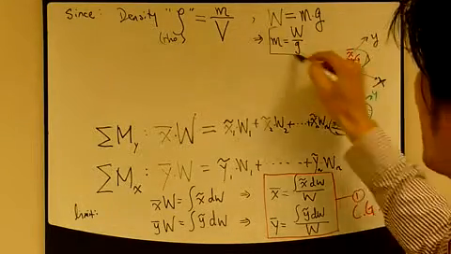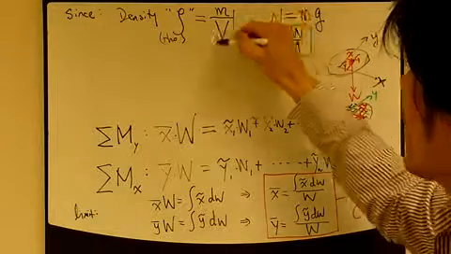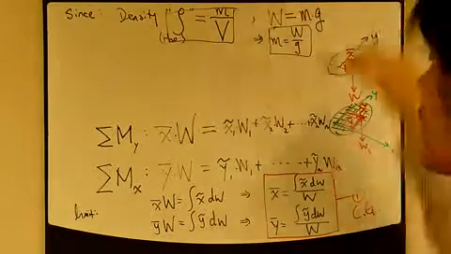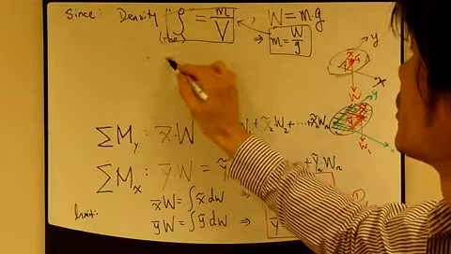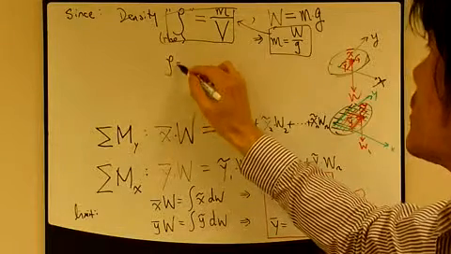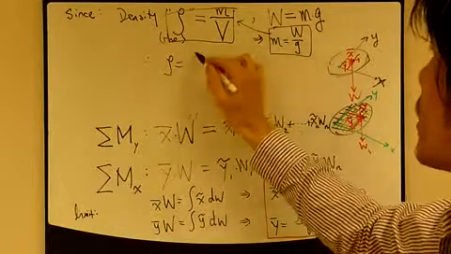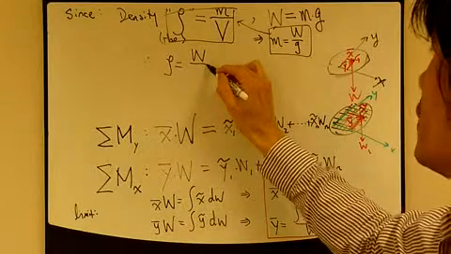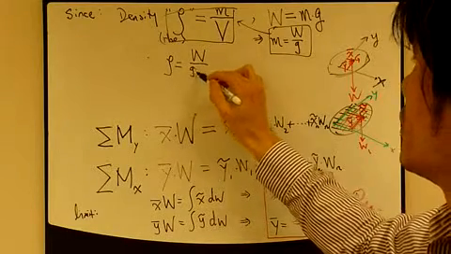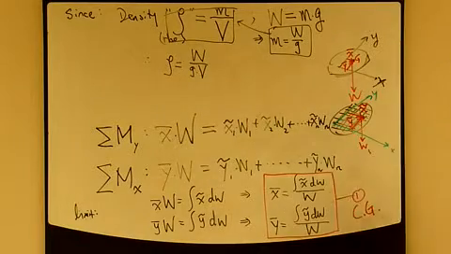So now we have this, and we have this. Let's bring this into this equation. So density equals weight over g times volume.